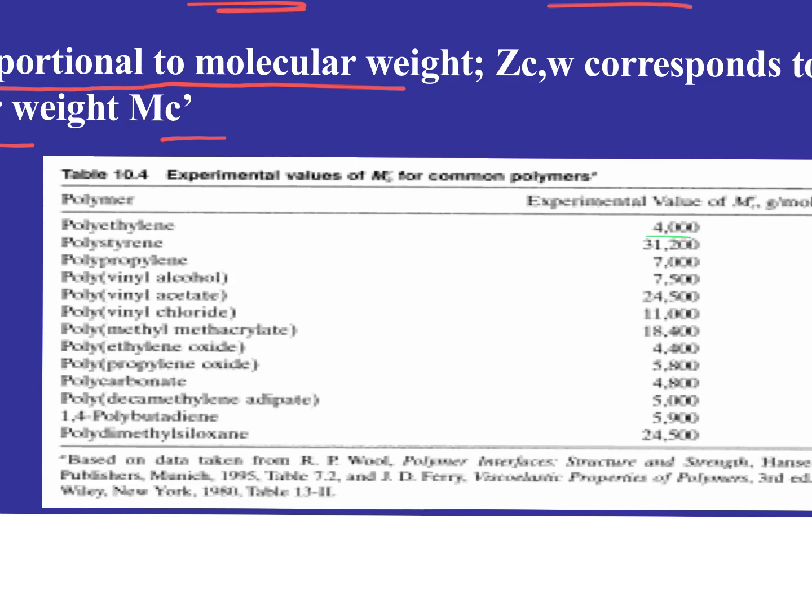And then polystyrene, 31,000, and then lots of values around 10,000 for many different polymers that we're familiar with, and then a whole bunch of these are well below 10,000. So these are not high molecular weight polymer chains.